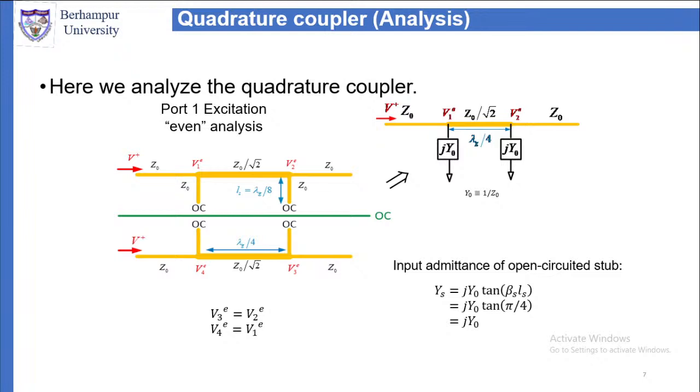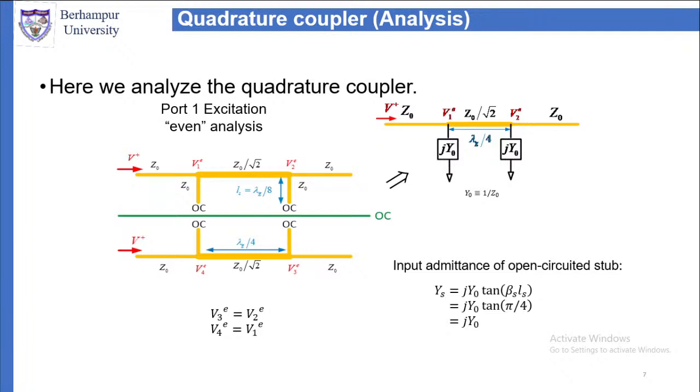After the second stub, there is a line whose characteristic impedance is Z0. So we have three transmission lines: the first with characteristic impedance Z0, the second Z0 by root 2, and the third Z0. They are connected in series, so there are two junctions, and at each junction we are connecting an admittance j Y0.